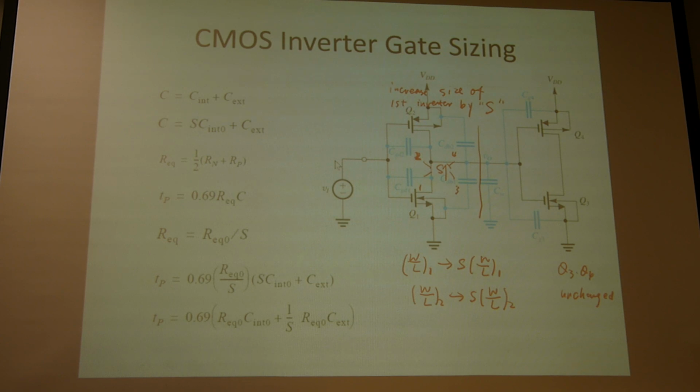So here, let's say the same node has two components. One is intrinsic or internal. The other is extrinsic or external. So internal means internal to the first stage inverter.